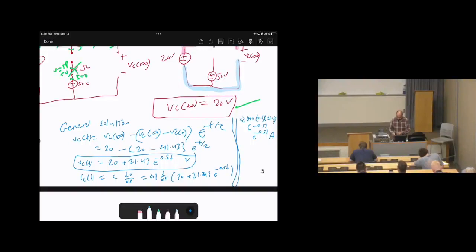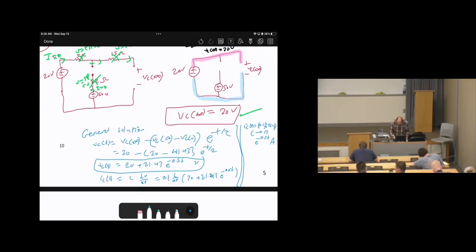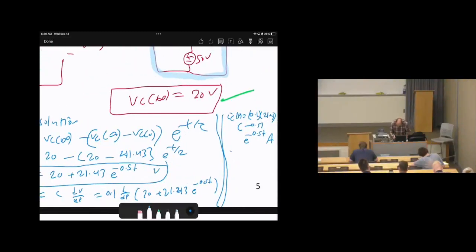I can simplify it in another way, which is negative 2.143 over 2 e power negative 0.5 t amperes. That's IC.